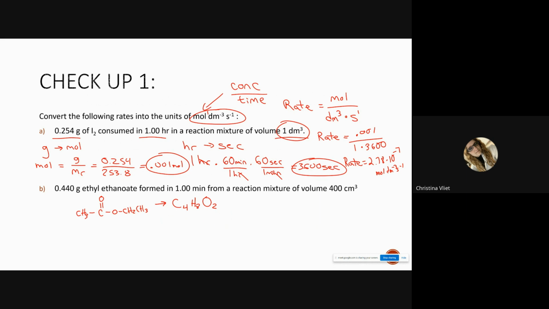Okay. So, again, I need the moles, which is grams divided by Mr. The grams is 0.440. What's the Mr? 4 times 12, 8 times 1, and 2 times 16. Add all that up.